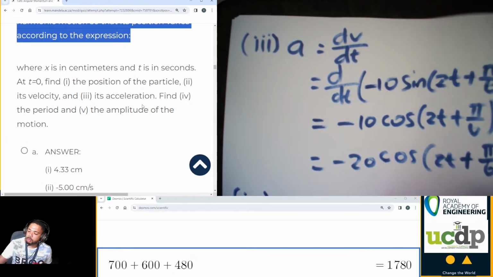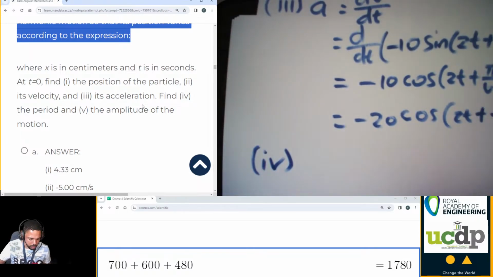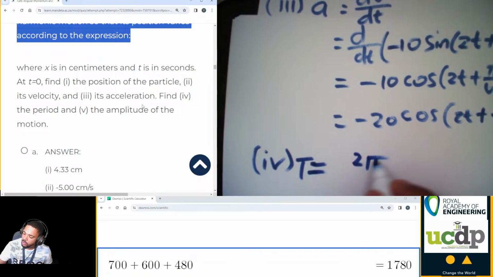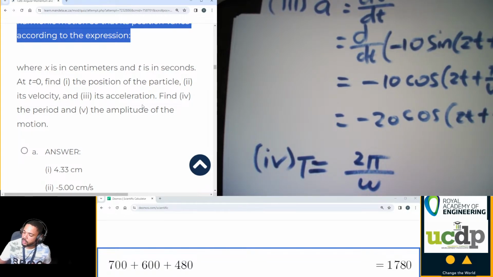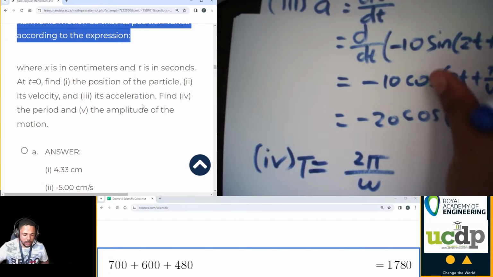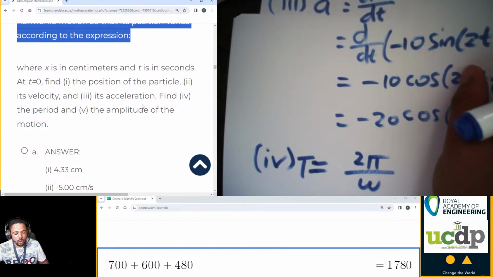Then for number 4, find the period. Now period T is equal to 2 pi over the angular frequency. I know this is angular. So 2 pi over the angular frequency. The angular frequency in this case of this expression is 2.